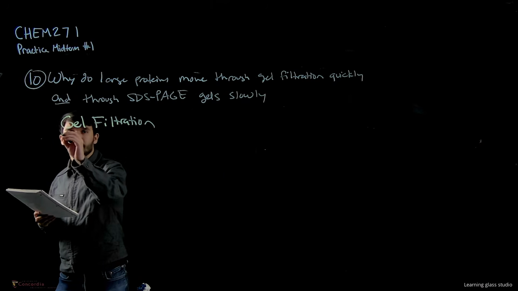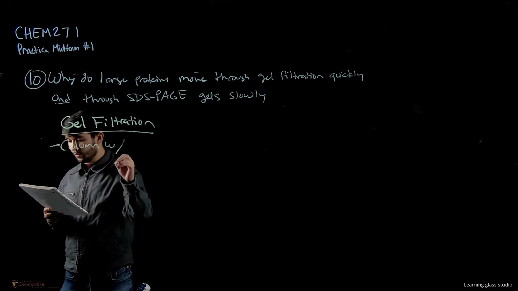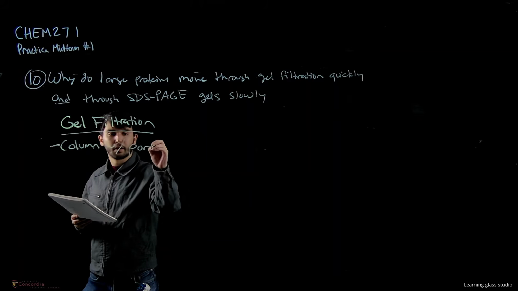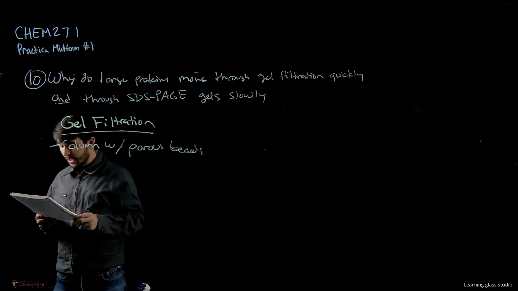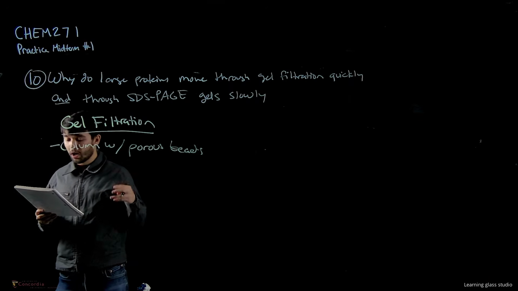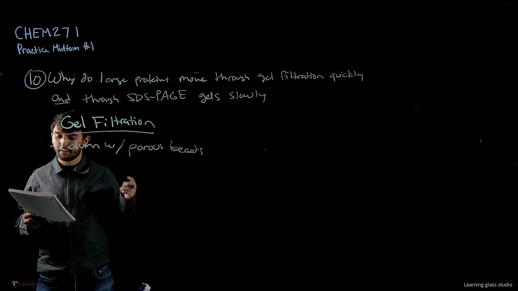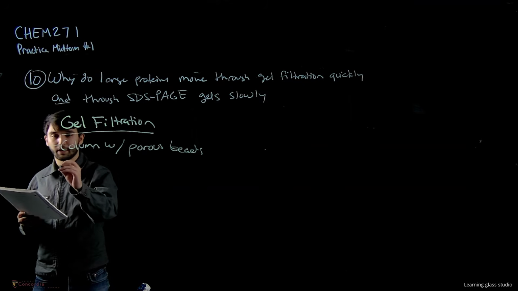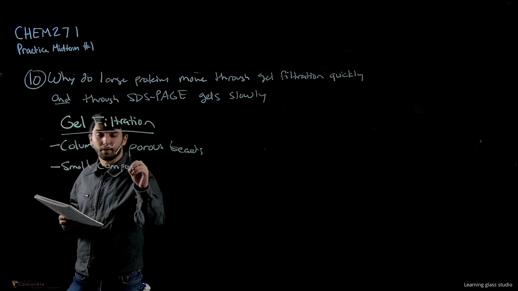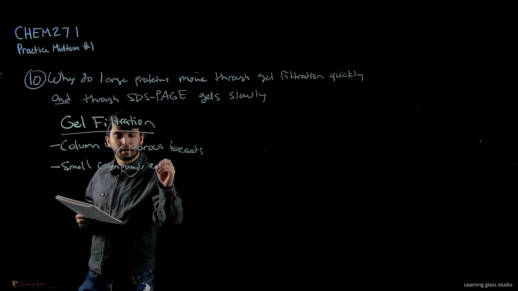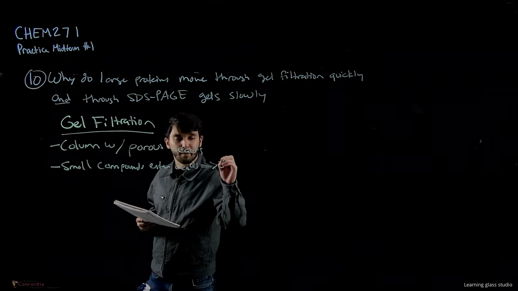So here we have a column with porous beads. Small compounds will enter these beads and get slowed down, while large compounds cannot enter the beads and they will move quickly. So small compounds or proteins enter beads and this slows them down.